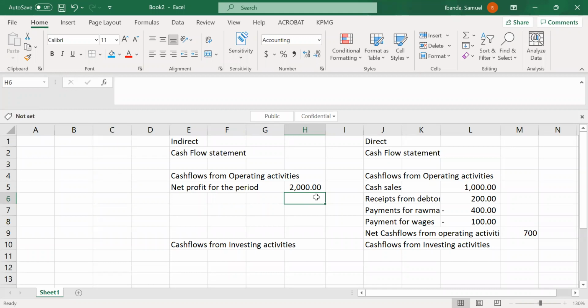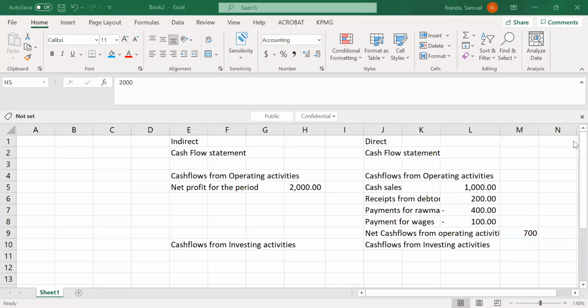In case something was subtracted and it doesn't involve movement of cash, it will be added back. We shall look at taxes. We shall look at interest, because interest is also deducted in the expenses in determining profits, but not all the interest is actually paid within there. So it's basically an adjustment of your profit to reflect what is exactly only cash. And that is what is within here that I was trying to demonstrate to you.